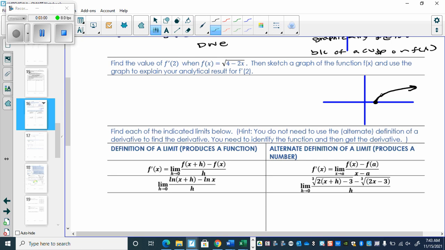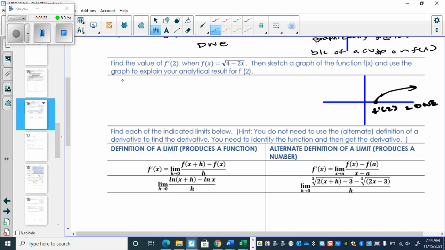All right. So is there a derivative at 2? F prime of 2 does not exist. It's undefined, simply because the left-hand and right-hand limit, it's lacking the ability to be continuous.